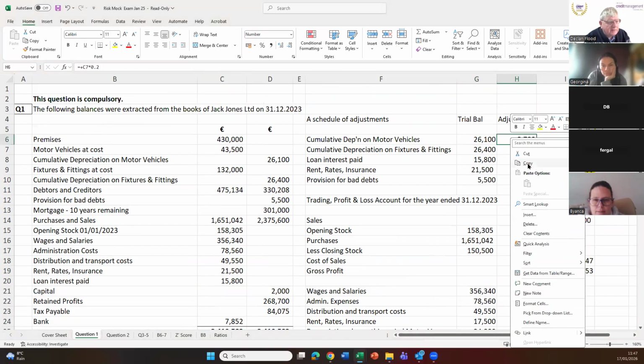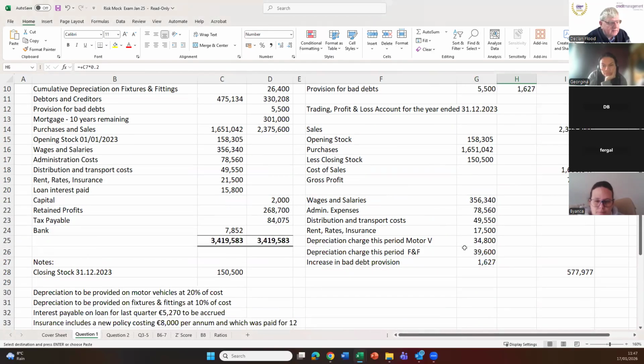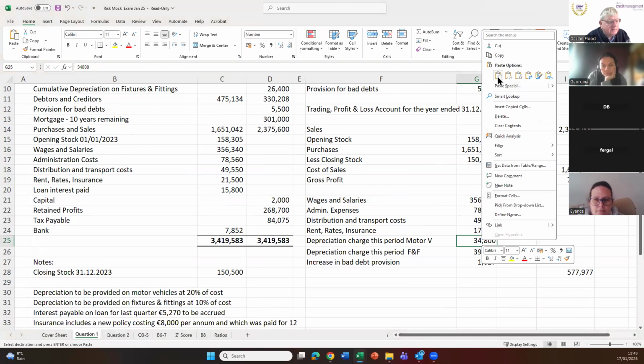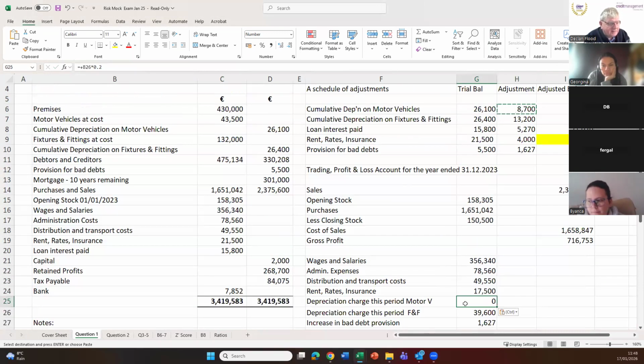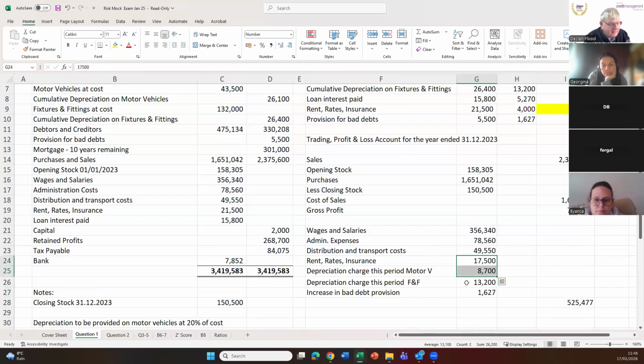So my depreciation on motor vehicles for the year is 8,700. And my depreciation this period for fixtures and fittings is 13,200. I'm just taking this period because this is the P&L account. So now I have 525,477.